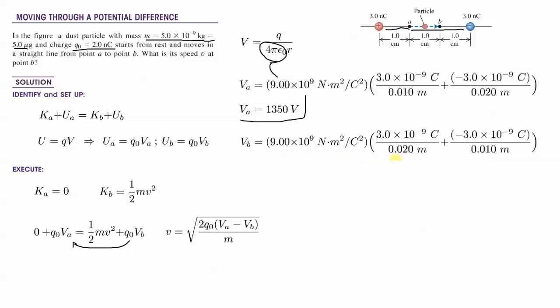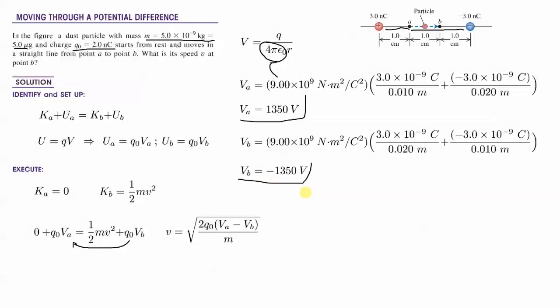And now this time, the positive charge is 2 centimeters away, and the negative charge is 1 centimeter away. As you might be able to imagine, the calculation is going to be very, very similar. We're just going to get a slightly different result. And the different result is that the potential at B is negative 1,350 volts.